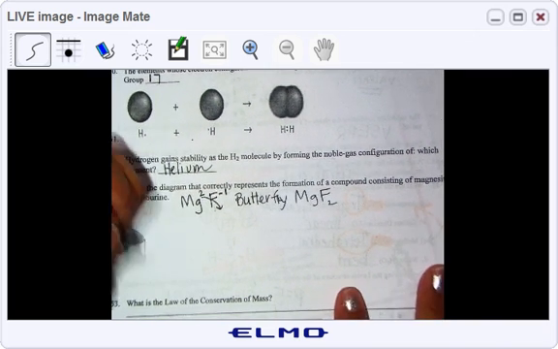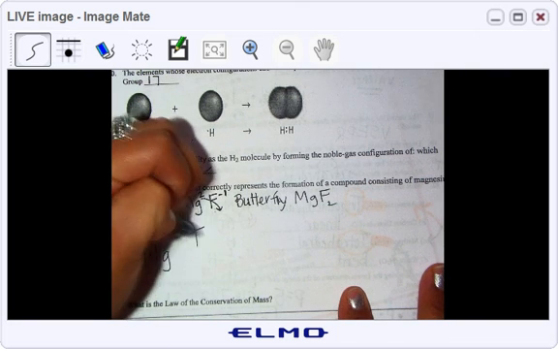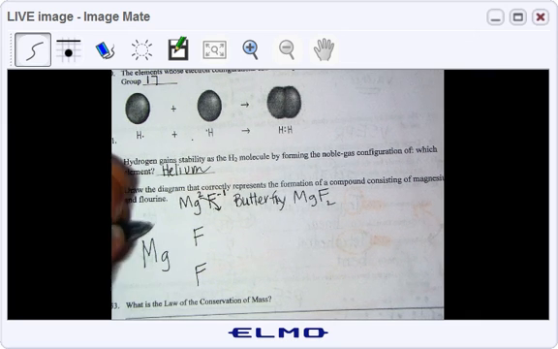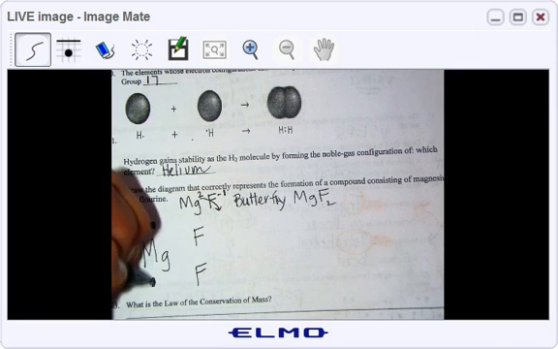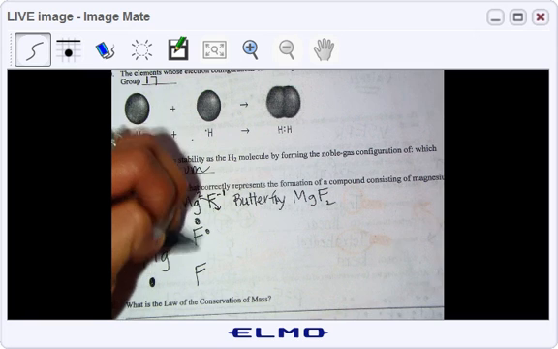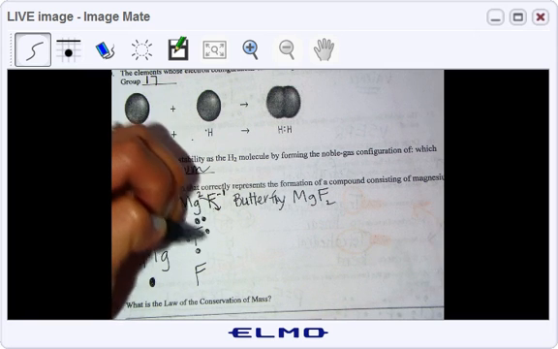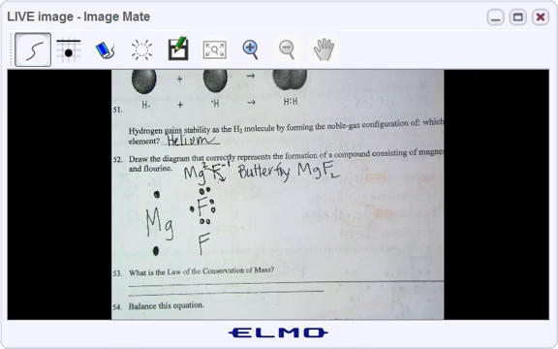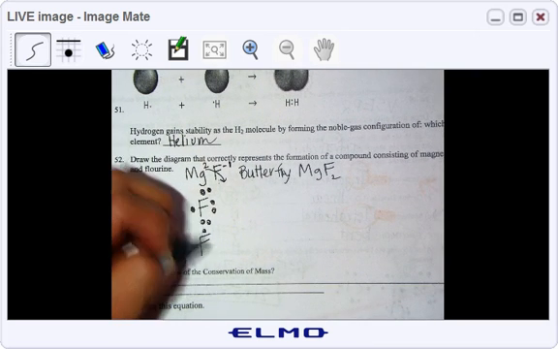Okay, so Mg, F, F. So we're going to get the valence electrons for magnesium. That's going to be 2. And for fluorine, it's 7, so put 7 dots. And do it for this fluorine too.